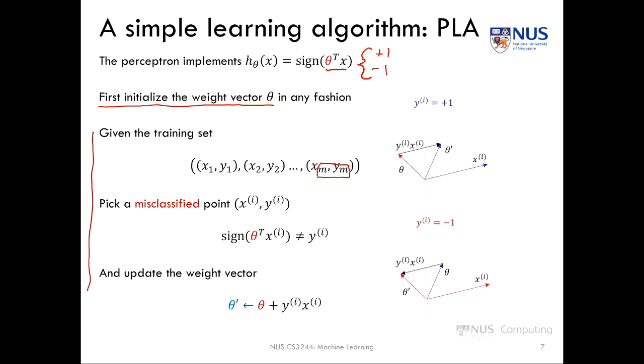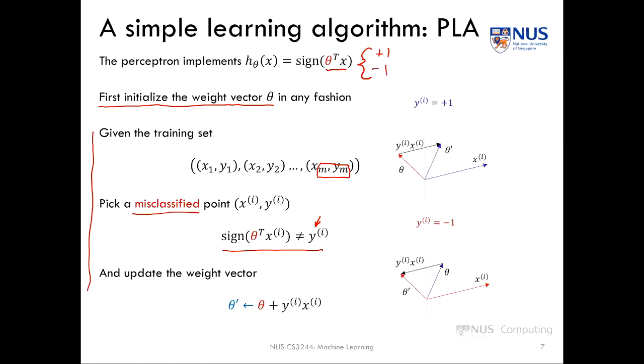We're going to look at that misclassified point, which is easy to identify because it satisfies this equation, right? The sign of the output of the classifier, which will be +1 or -1, won't match the intended target value. So when this criteria is satisfied, that becomes a misclassified point.